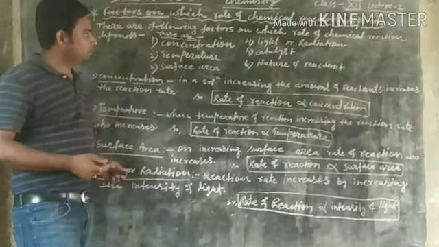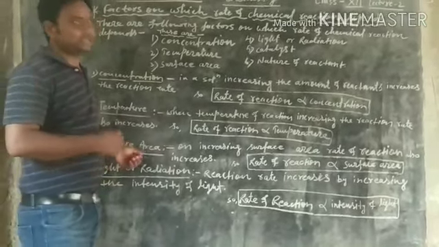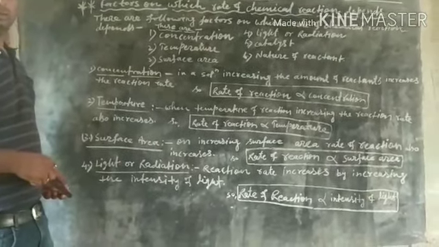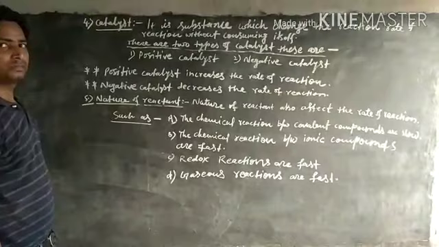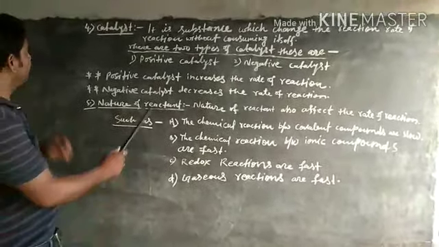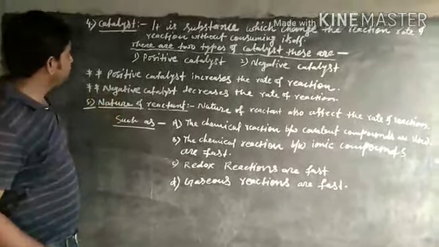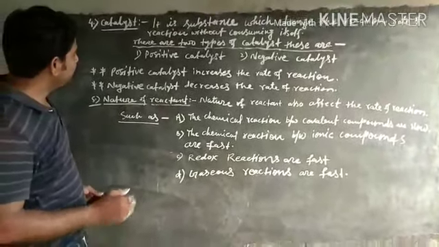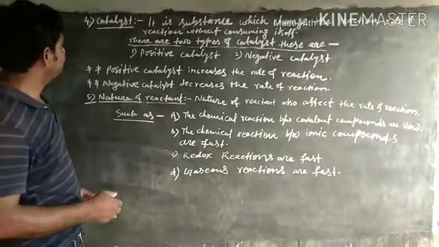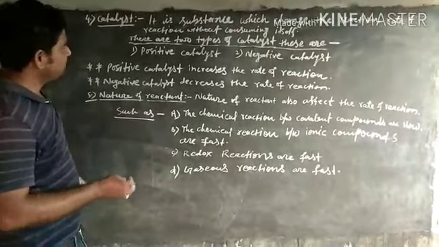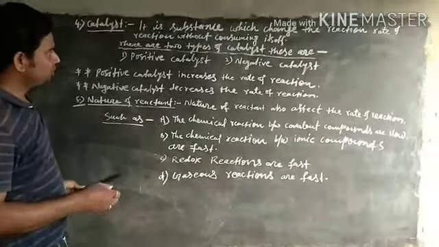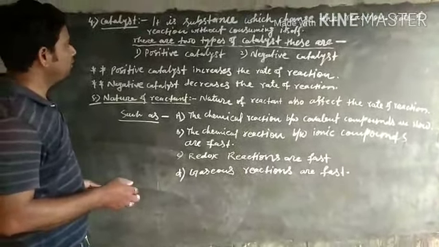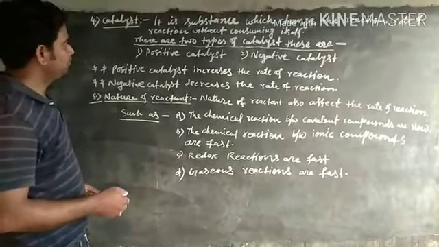Okay. Now catalyst. How does a catalyst affect the rate of chemical reactions? Those substances which change the rate of reaction are called catalysts.